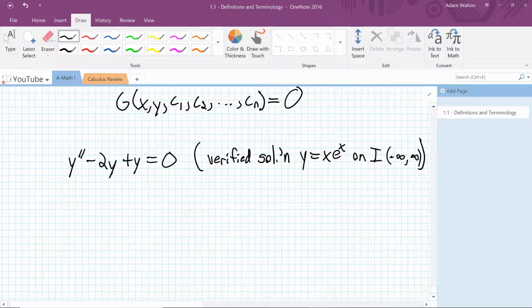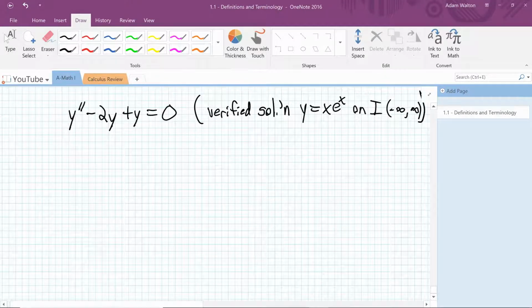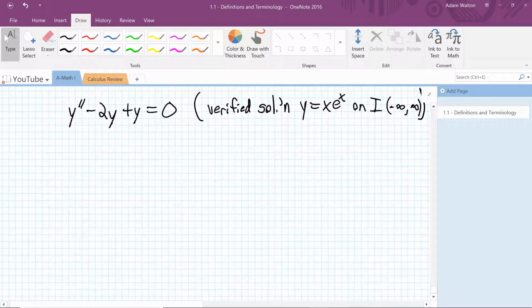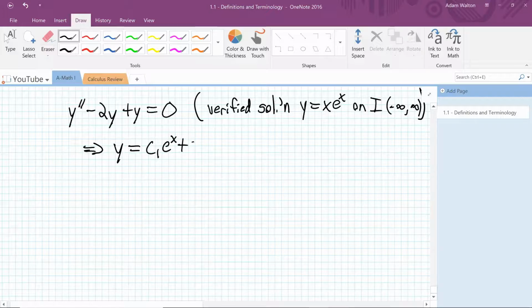All real numbers. Now let's consider the family of solutions corresponding to this differential equation. That is going to be y = c1 e^x + c2 x e^x.